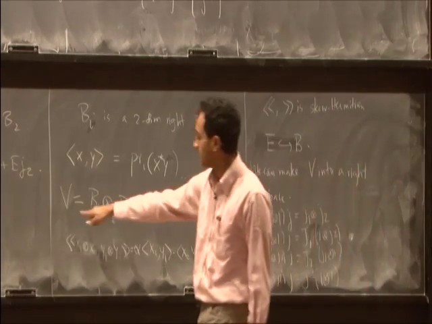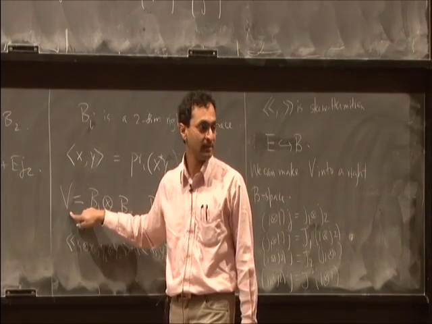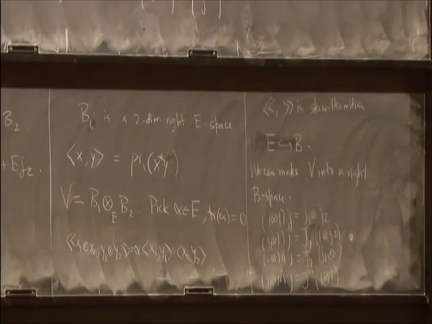So what I have now is a right B space, but it's two-dimensional as a B space.